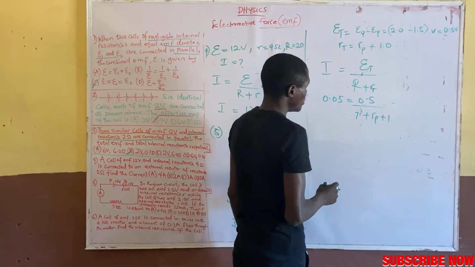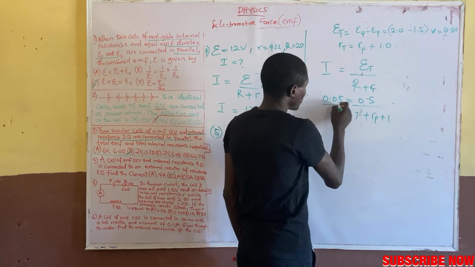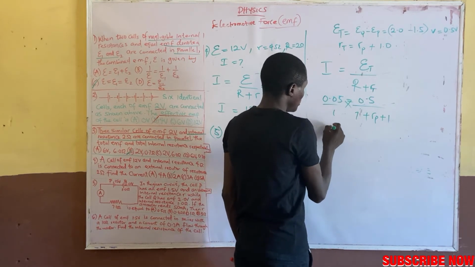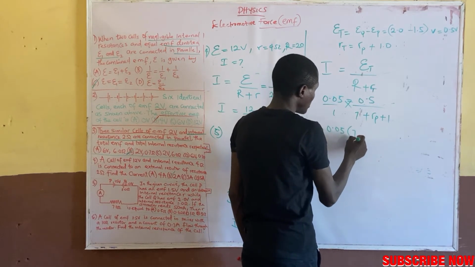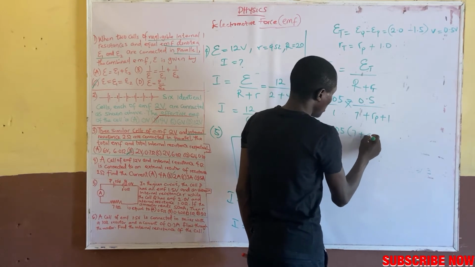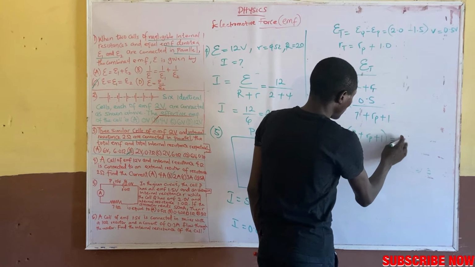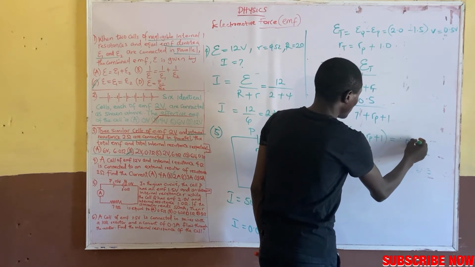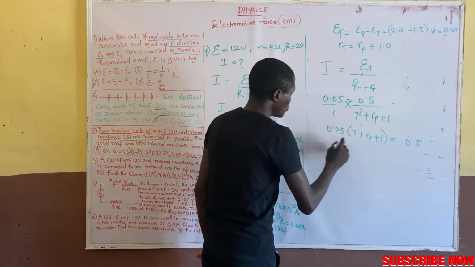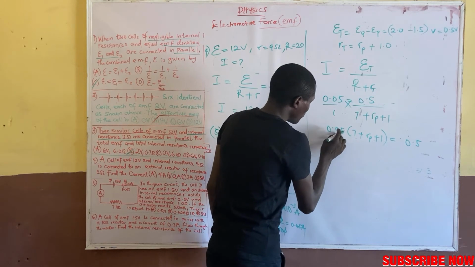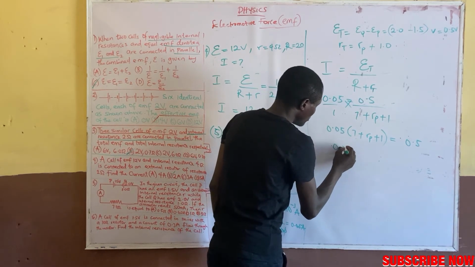If you cross multiply now, what do you have? 0.05 in bracket 7 plus Rp plus 1 equals 0.5.